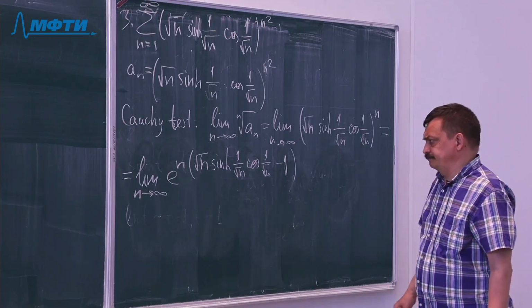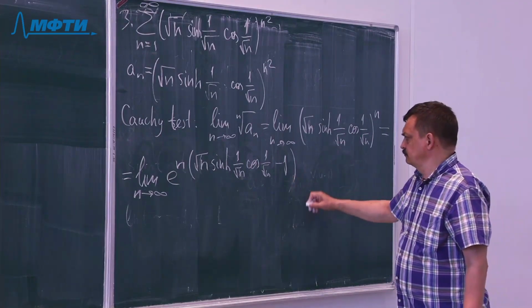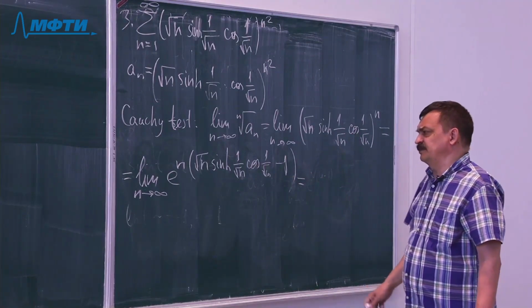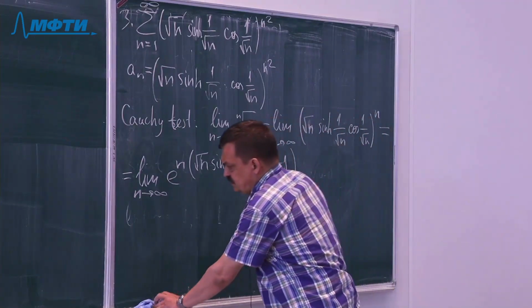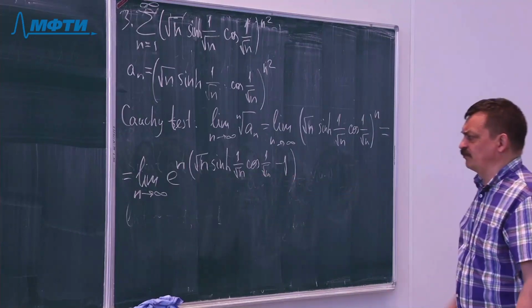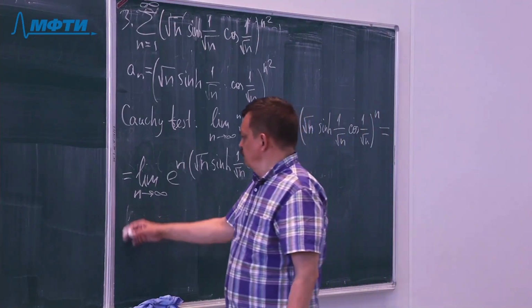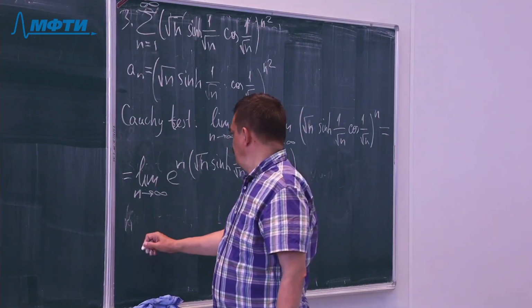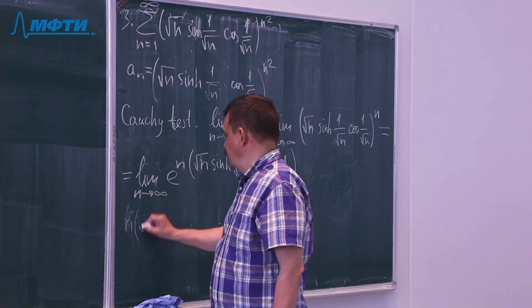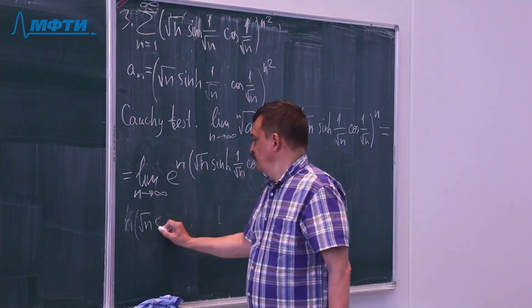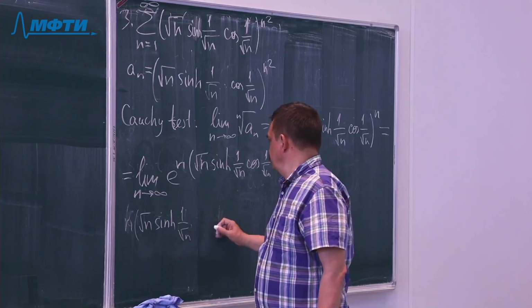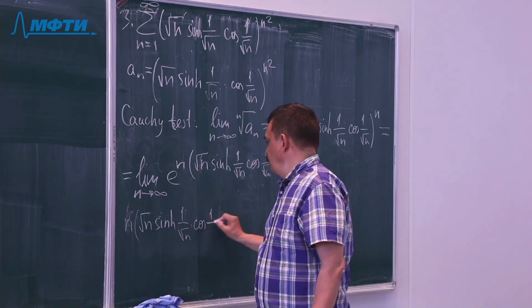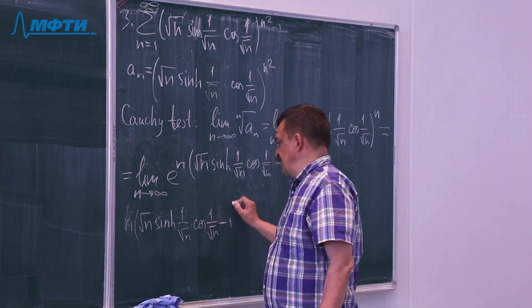Okay. In general, you need to be a little bit careful, or maybe I'll keep this exponent for a while. So let me write down the exponent only. Sine hyperbolic 1 over square root of n times cosine 1 over square root of n minus 1.